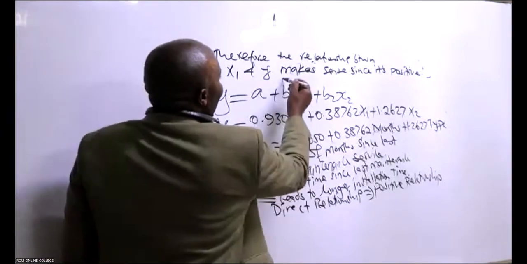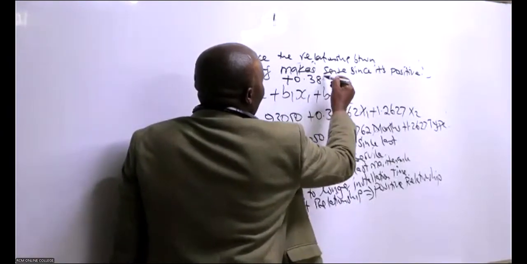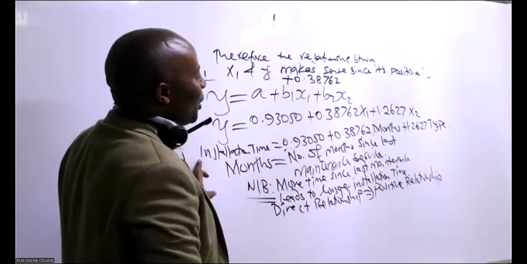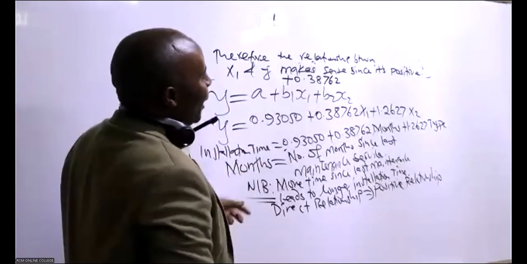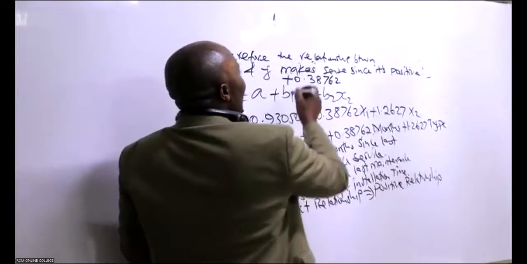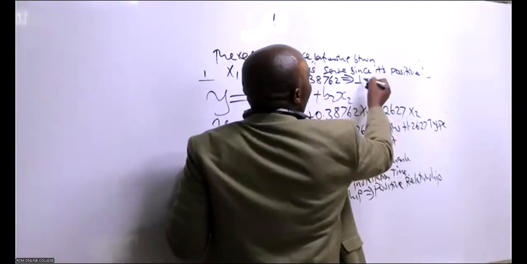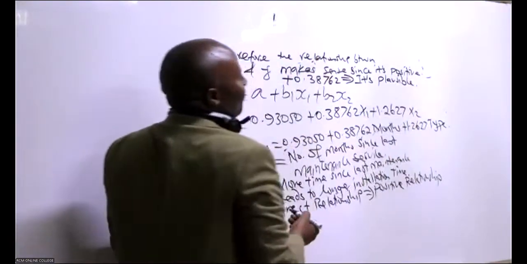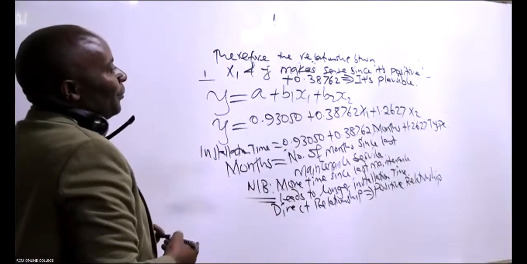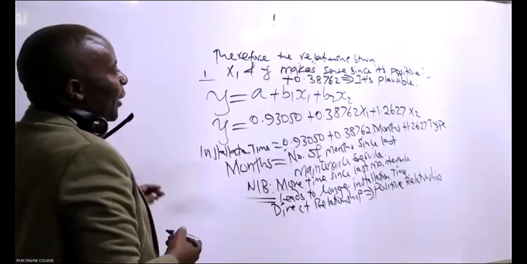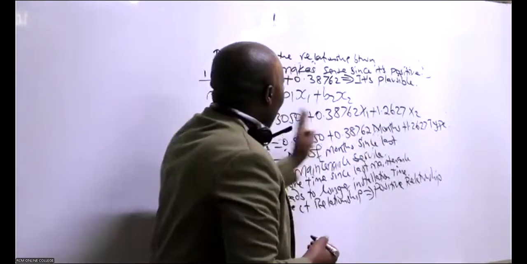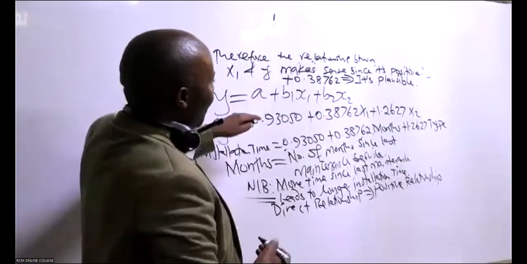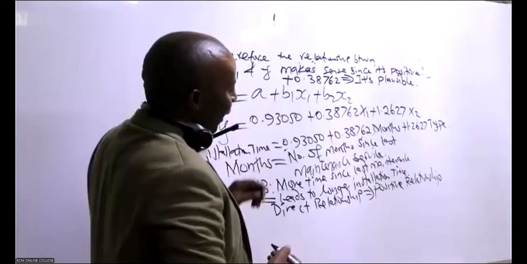We can see it is positive, 0.38762, the relationship between months and installation time. And if it makes sense, we say it is plausible. The relationship between x1, which is months, and y makes sense since it's positive, so it's plausible like that.